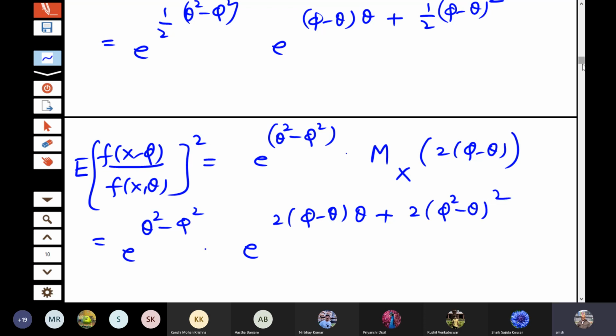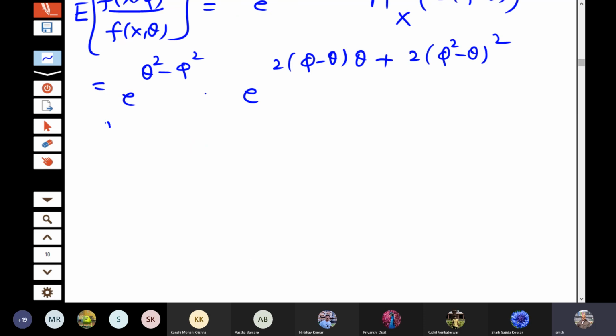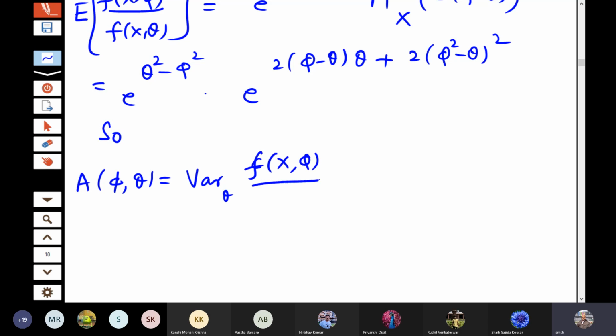Now you consider the variance term, that is the variance of f(x, phi) by f(x, theta). That is nothing but this minus the square of that.